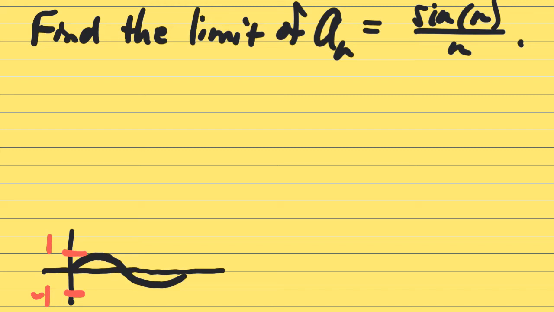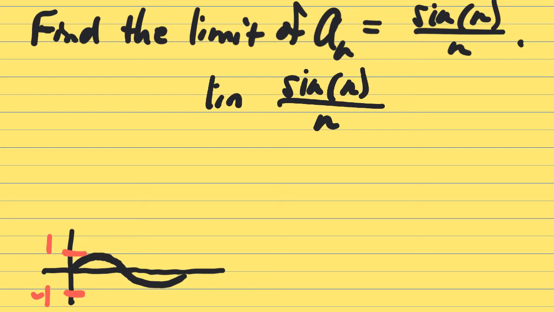If we look at the original nth term, sine is always going to be equal to or less than 1.